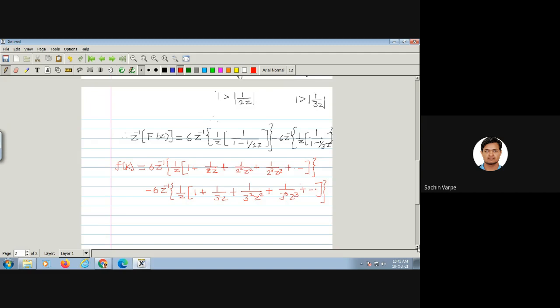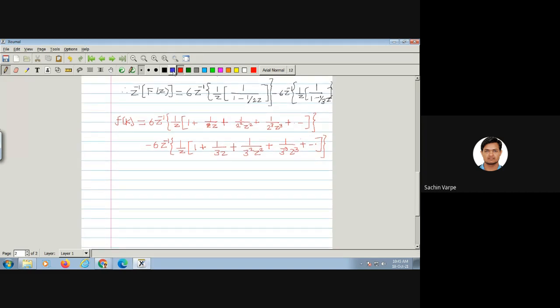Now multiply by 1 by z inside. So that is equals to 6 into inverse z transform of 1 by z plus 1 by 2z square plus 1 by 2 square z cube plus and so on.